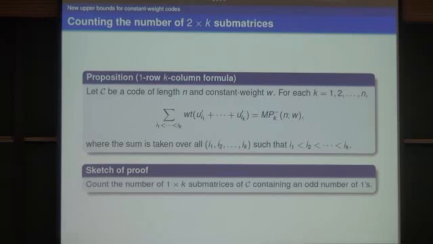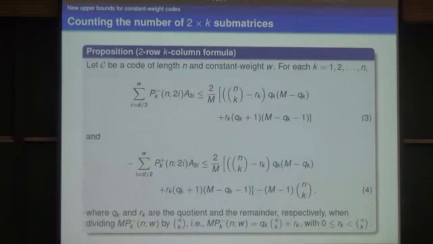So we call this the one-row k-column formula. By counting the number of 1×k submatrices that contain an odd number of 1s, you get the one-row k-column formula. And then we count the number of 2×k submatrices that contain an odd number of 1s.